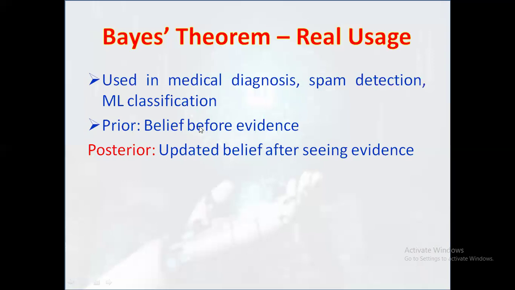The prior represents the initial belief or knowledge of an event before new evidence is introduced. It is often derived from historical data or expert opinion. The posterior is the updated belief after incorporating the new evidence. This makes Bayes theorem especially powerful for learning in dynamic environments where new data continuously arrives.